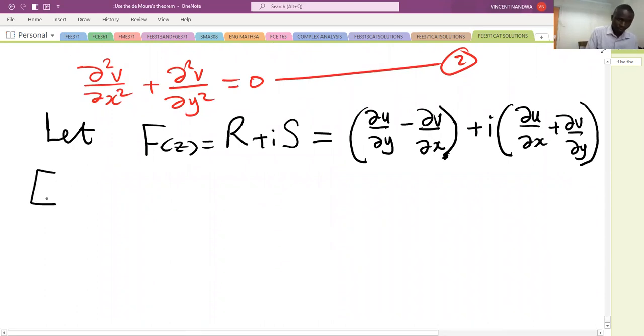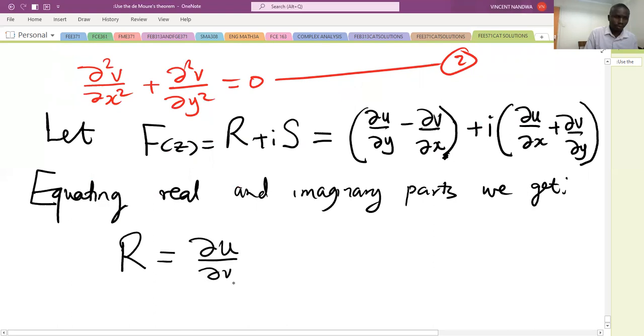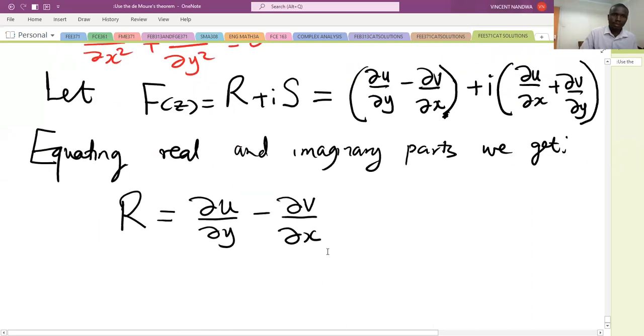Then equating real and imaginary parts, we have R is given by ∂u/∂y − ∂v/∂x, and S is given by ∂u/∂x + ∂v/∂y.